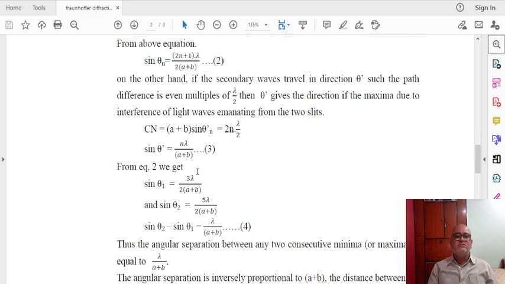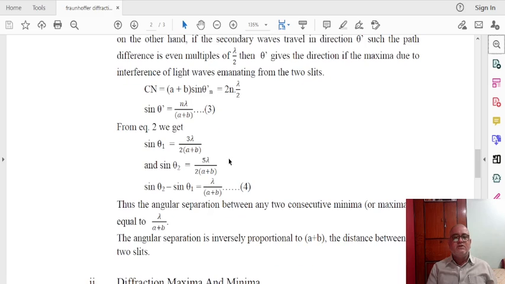Therefore, Cn equals (a + b) sin θn equals 2n into lambda by 2, and here sin θn is n lambda upon (a + b). We will denote it as equation number 3.